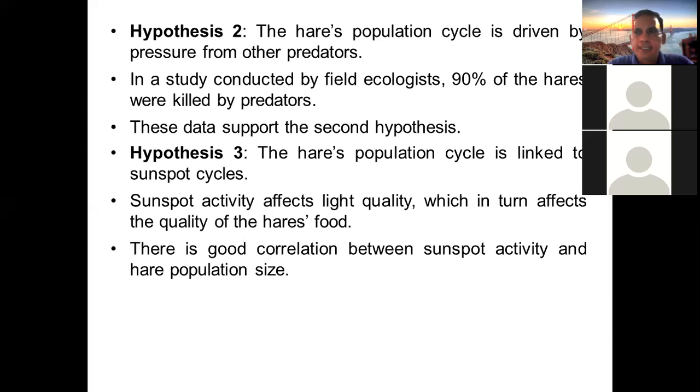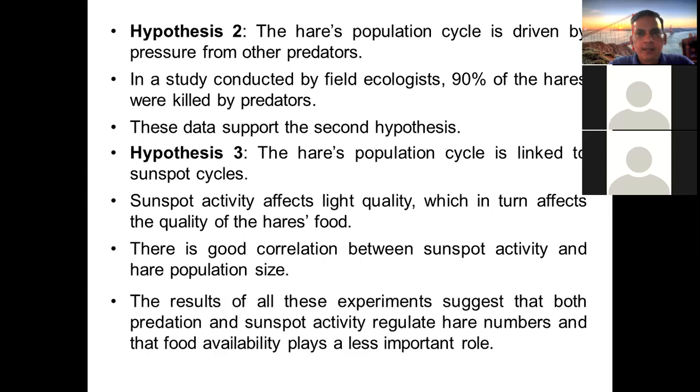Point number 1 is that the population of hares is driven by predation. And second, the population is also driven by sun availability, the sunspot cycle. So all these three experiments suggest that predation and the sunspot regulate the hare numbers, and food availability plays a lesser role.